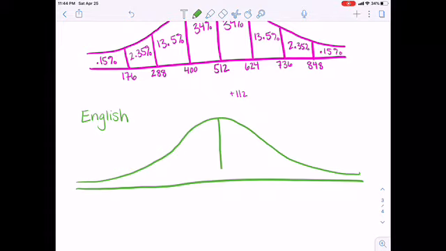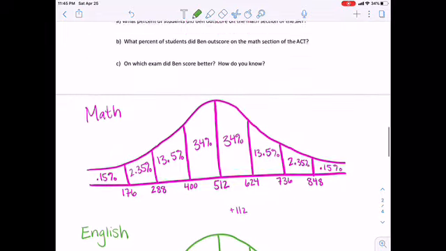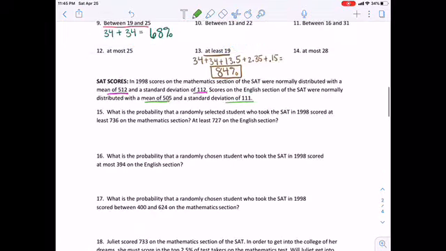Here's the mean, smack dab in the middle, and then I go up 1, 2, 3, and I also go down 1, 2, 3. Now the mean, remember, was 505, and the standard deviation was 111. So I put 505 here in the middle, and then I'm going to be adding that standard deviation of 111.